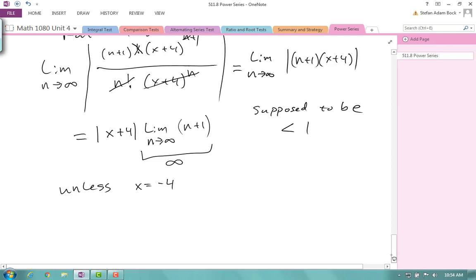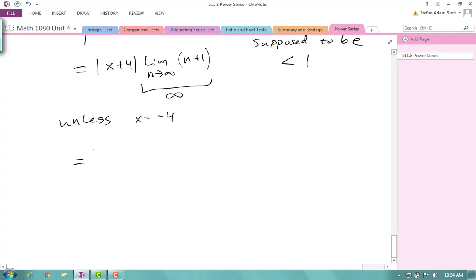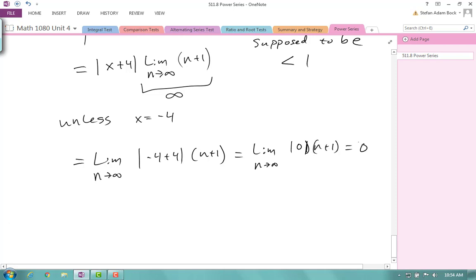Because if x is equal to negative 4, then this is equal to the limit as n goes to infinity of negative 4 plus 4 times n plus 1, which is equal to the limit as n goes to infinity of 0 times n plus 1, which is actually 0.